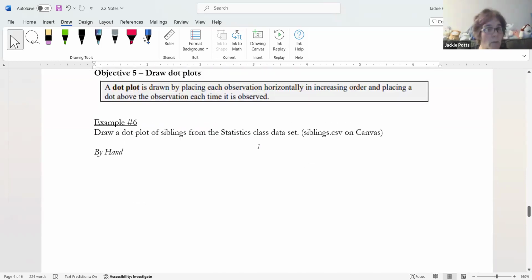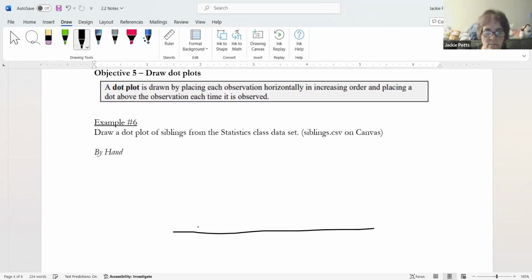Let's talk dot plot. Now a dot plot, I do that every time, I'm so used to drawing. A dot plot only has that, and it's just as the name says, it's dots, but the dots are stacked.